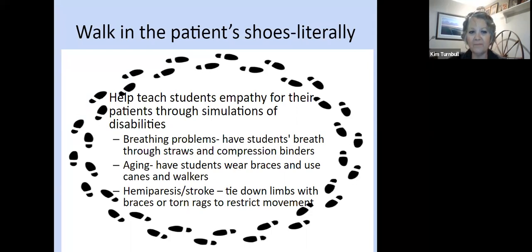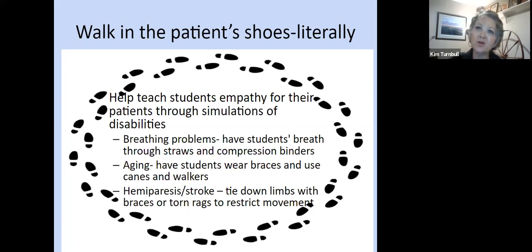It gives the idea that if they had breathing problems, give them a straw and maybe a compression binder, maybe some wrap or something, and see how that feels, breathing through the straw or with a wrap around them.